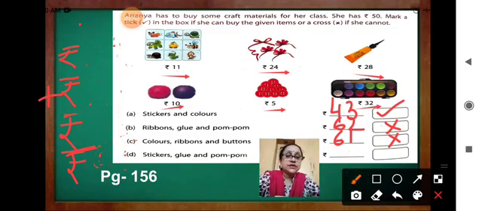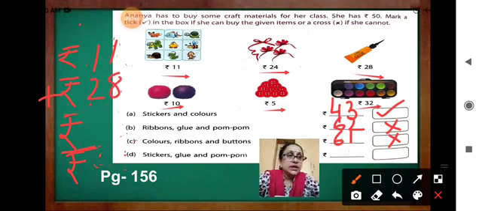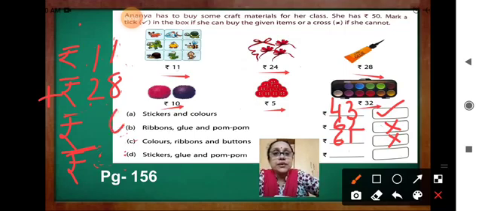What is the price of stickers? Rupees 11. Right? Then, glue. Rupees 28. Yes, right, 28. And then, pom-pom. Yes, the price of pom-pom is rupees 10.